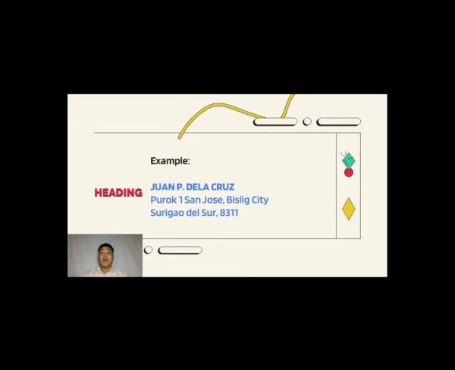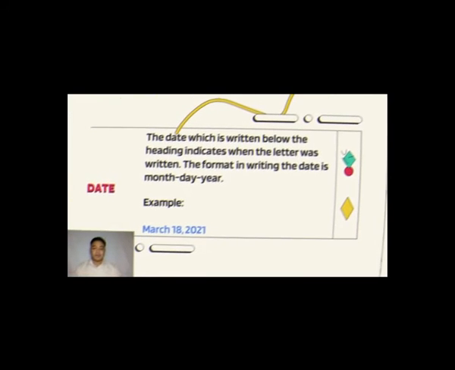Each town or municipality or city in the Philippines is given a 4-digit zip code. Okay? So that when we send letters or anything like that, we can easily determine where the letter or the document comes from. Okay? 8311 is the zip code of Bislig City.